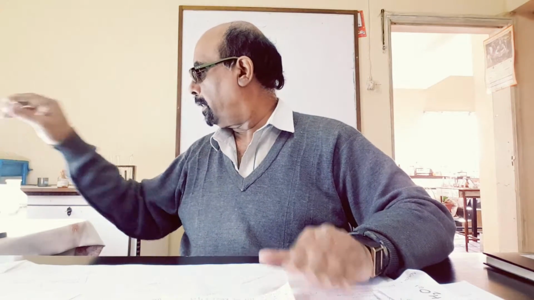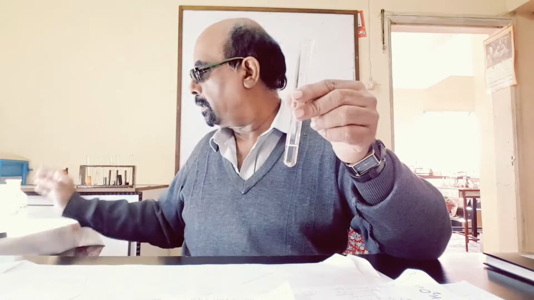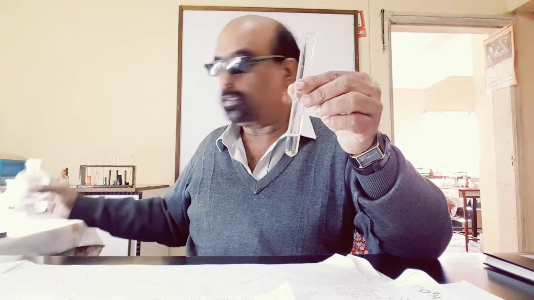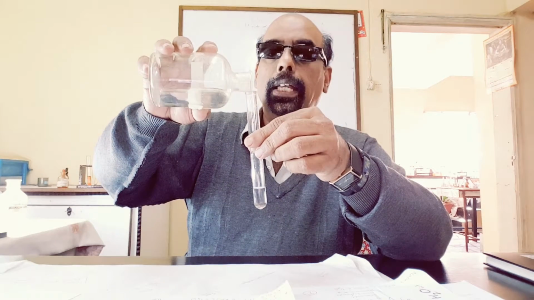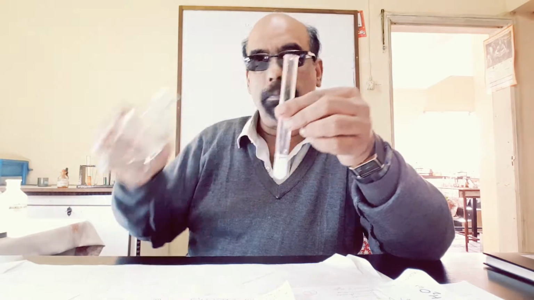Salts are important. I'm going to prepare manganese carbonate. This is manganese sulfate. So I have manganese sulfate in the tube, and I have sodium carbonate here. I add sodium carbonate, and I obtain a white precipitate of manganese carbonate.